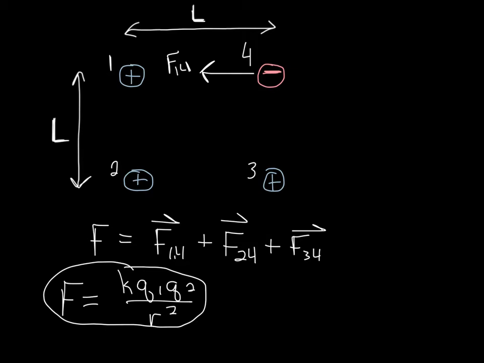Then we have the force between charge number 2 and charge number 4. Where is charge 4 going to go due to the force from charge 2? It's going to be attracted to charge 2. So we're going to have a vector pointing towards charge 2, force of 2 on 4. And then finally the force between 3 and 4, they're going to be attracted to each other, so we get a force of 3 on 4.